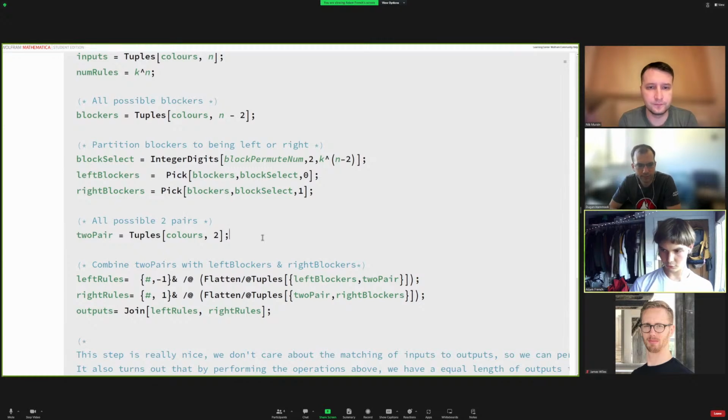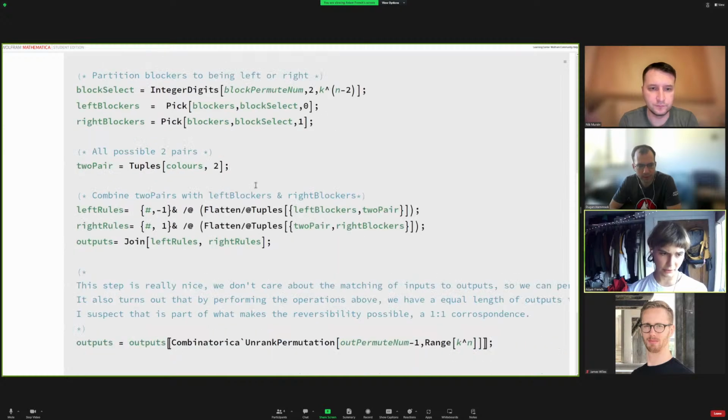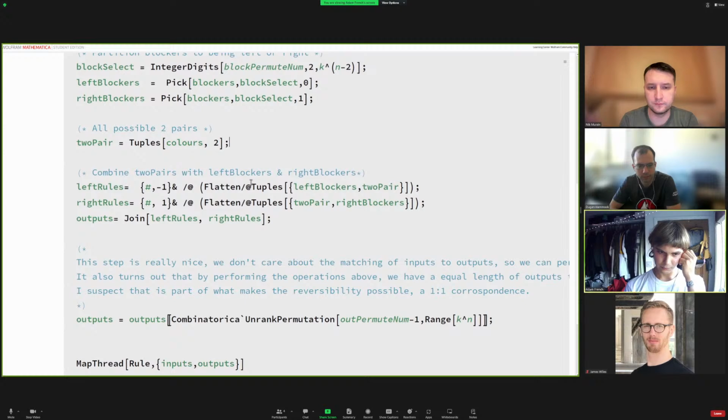Because we've done n-2, we just have two remaining to be flexible with. And then to generate all of our outputs, we combine left blockers with this remaining two pair, and then we make sure it goes to the left. And then we get the right blockers, we give it the remaining two pair, and make it go to the right. Oh man, I'm butchering this.